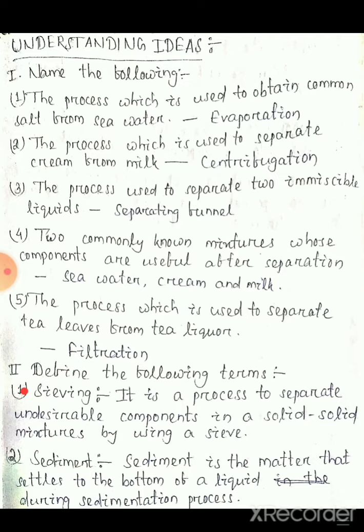Next one, sediment. Sediment is the matter that settles to the bottom of a liquid during the sedimentation process. The substance which settles down during sedimentation is called sediment. So you write sediment is the matter that settles down to the bottom of a liquid during the sedimentation process.